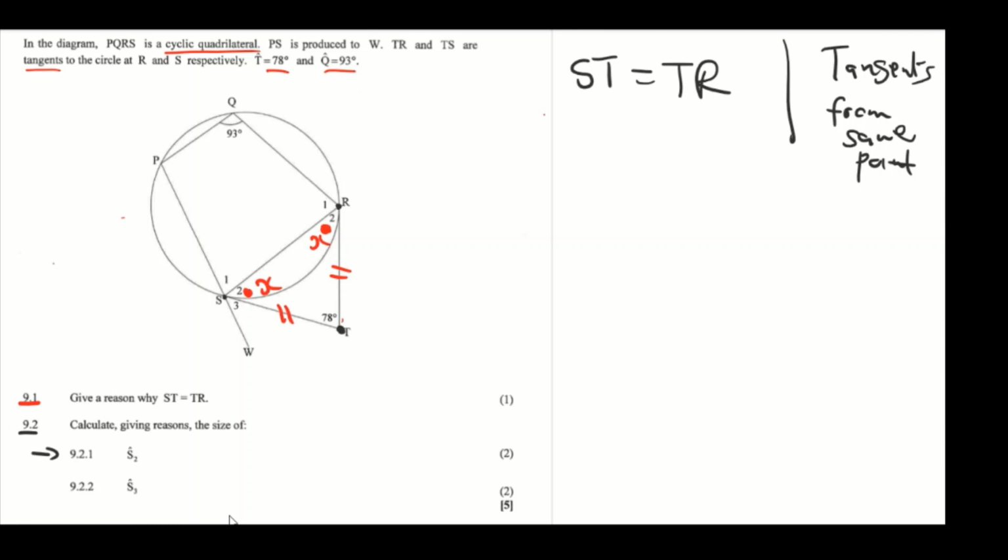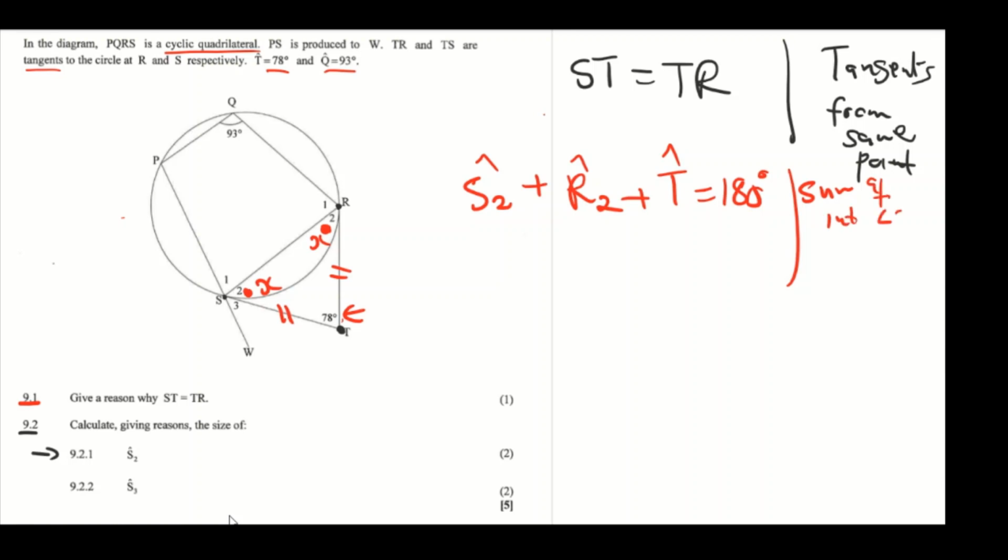And we're asked to find S2, which is part of those angles. So how do you do that? We're going to say angle S2 plus angle R2, plus this angle here, which we are given, angle T, is equal to 180 degrees. That's just the sum of interior angles of a triangle.